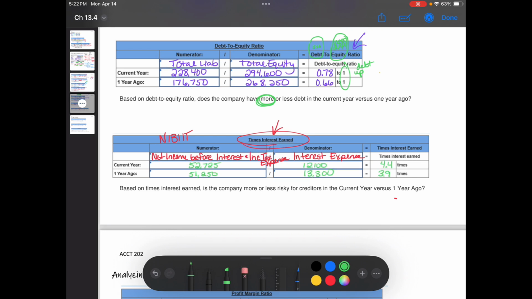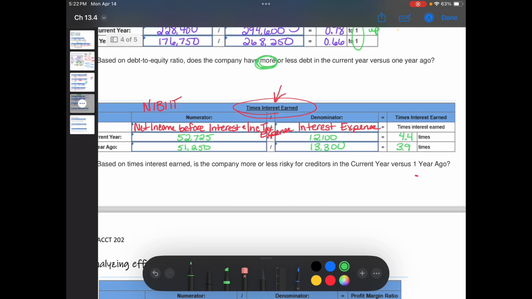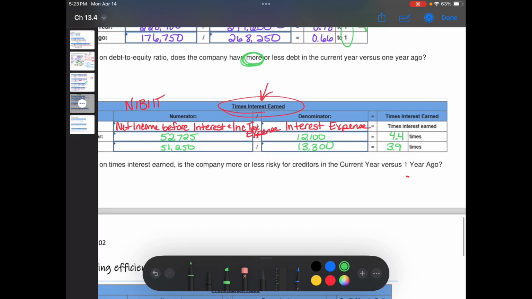And I decided to keep it Christmassy here. So I've entered in those amounts for the current year and the prior year. What I do want to remind you is that we're looking at times interest earned. We want this number to be high.